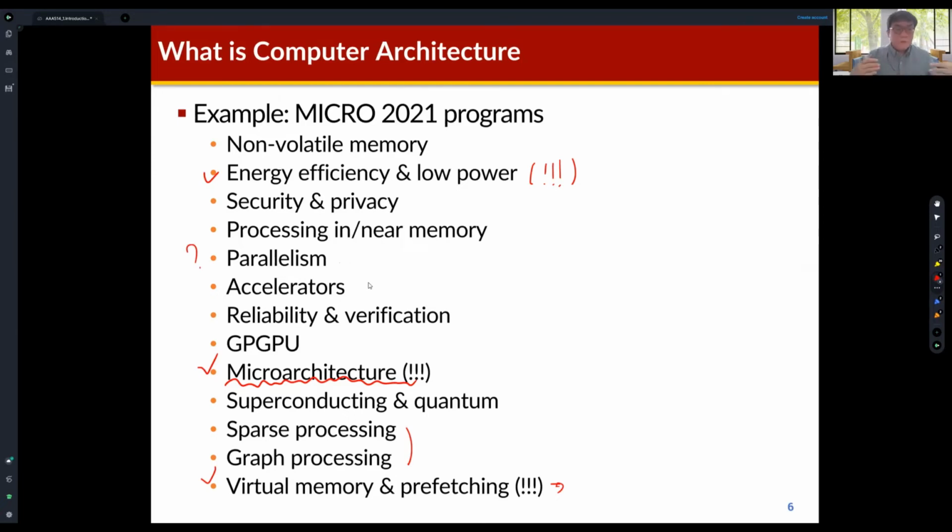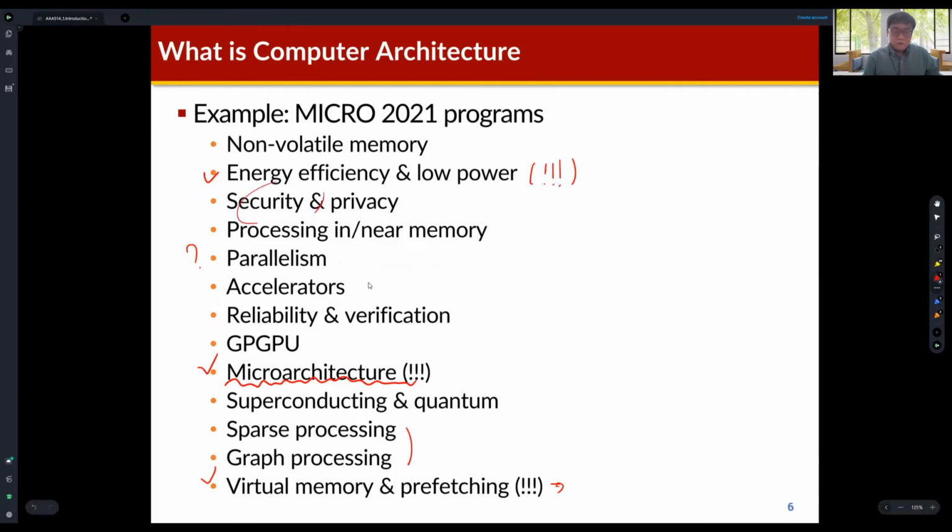So recently, computer architecture research covers various aspects of computer systems. Also, as you know, computer system technology changes very quickly. That means popular research topics or research areas also change very quickly. So if you see the topics of the conference, you can find very new topics.